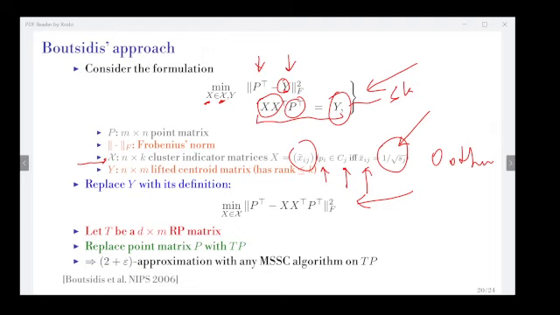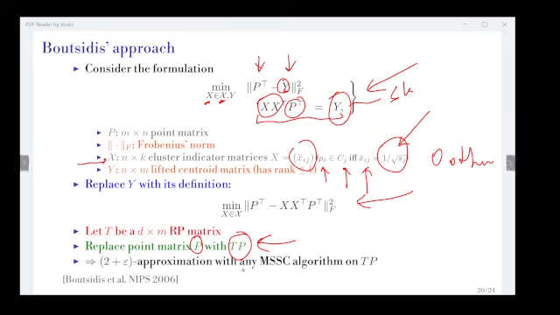So now we can simply replace P transpose by PT transpose, okay? So we replace the point matrix P by TP. And any algorithm that solves MSSC will simply see, after this replacement of data matrices with projected data matrices, another smaller instance of the MSSC problem.